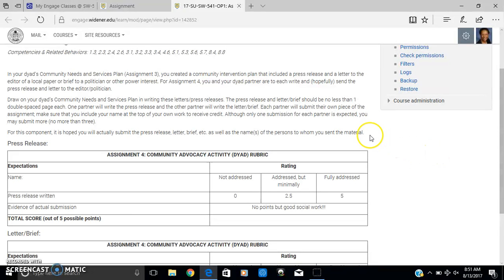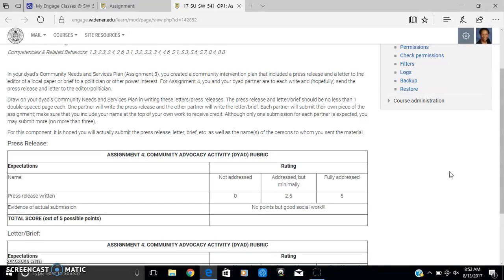And then if you feel that this is a really good press release, please think about submitting it actually to a city council or a news station or a TV station on the particular problem for which you were providing advocacy. For some of you who are doing your work in the city of Philadelphia, for example, it might be a letter to city council.